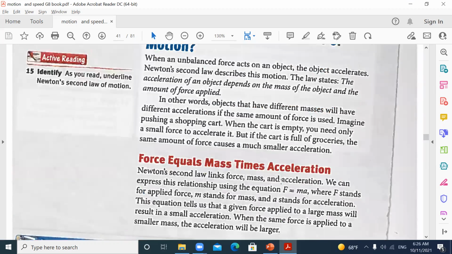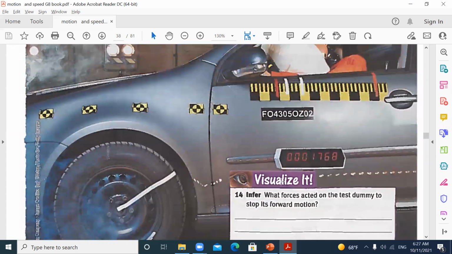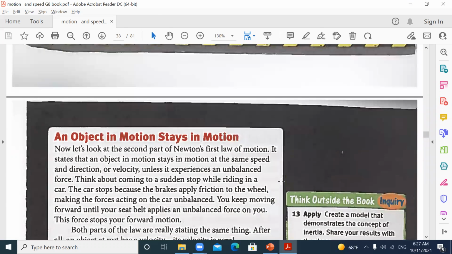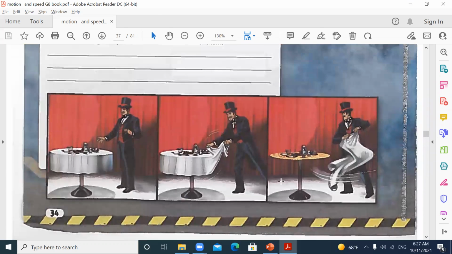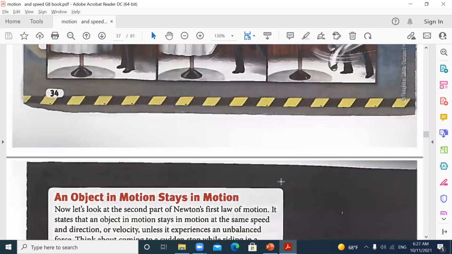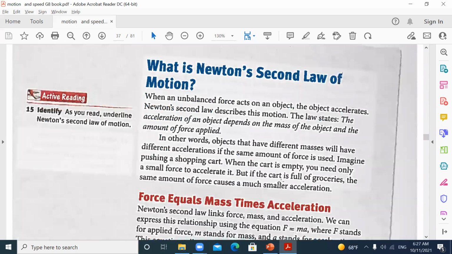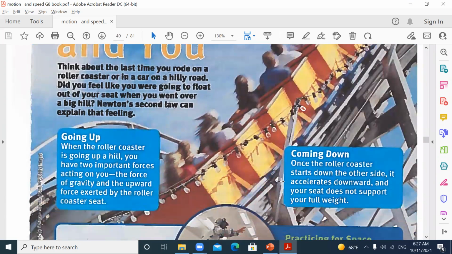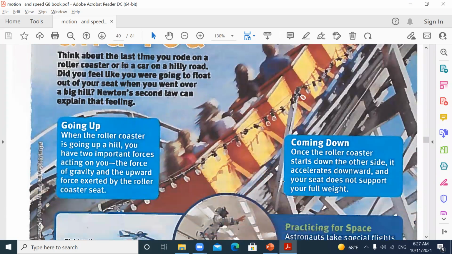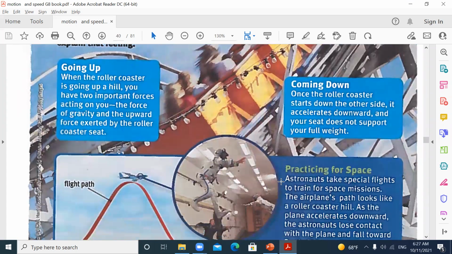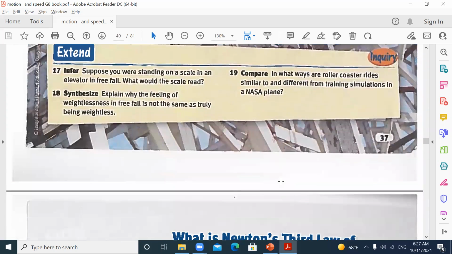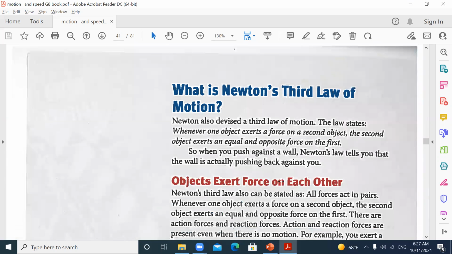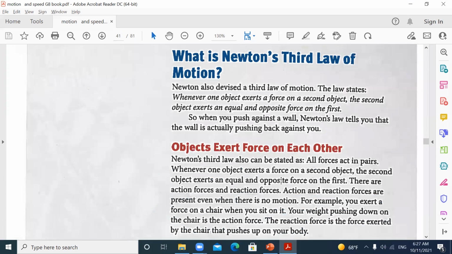We discussed the first and second laws, right? And now we go to Newton's third law. What is Newton's third law of motion?